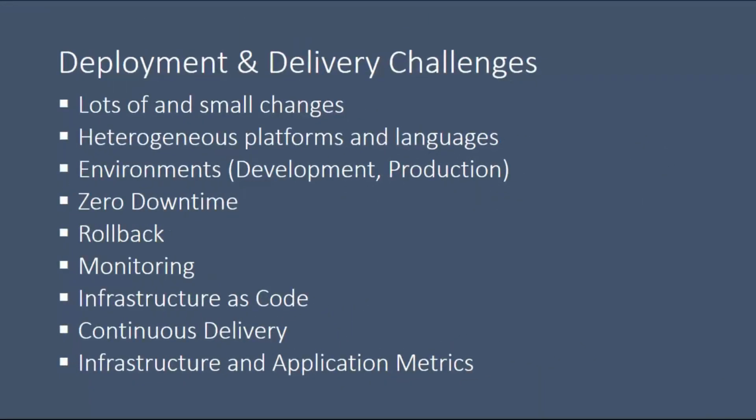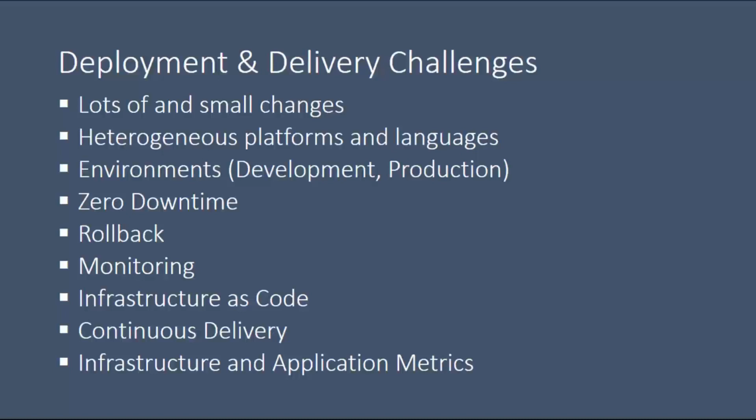So some of the deployment and delivery challenges that we face. For instance, we may have lots of small changes that our software apps require. Heterogeneous platforms and languages. You may have developers sitting in Europe and in the US, with different platforms. Environments may be different: development, production, test.